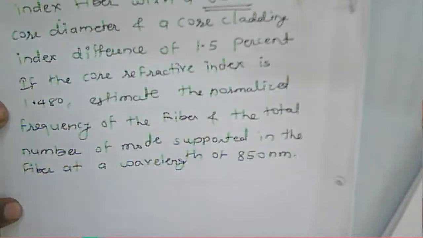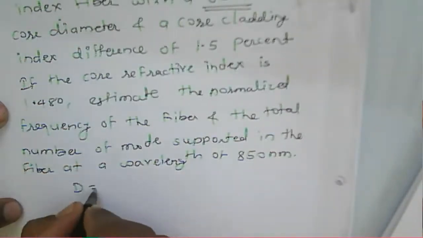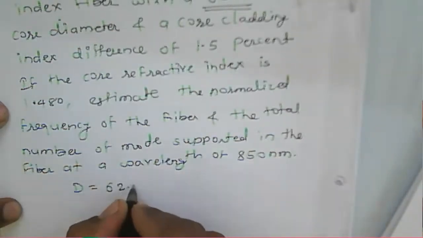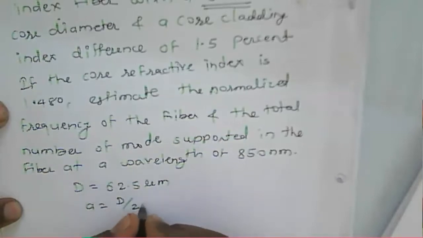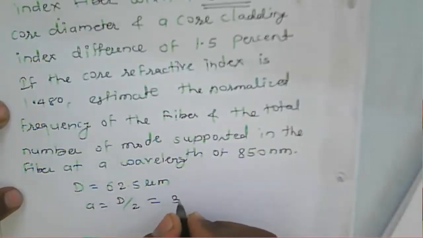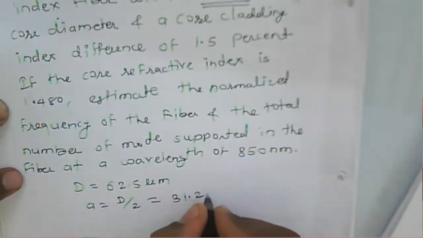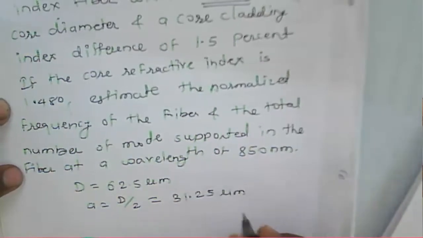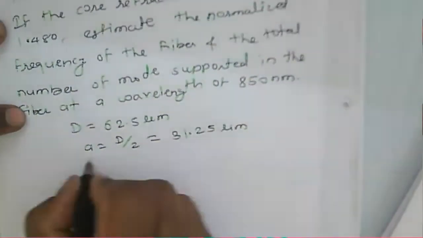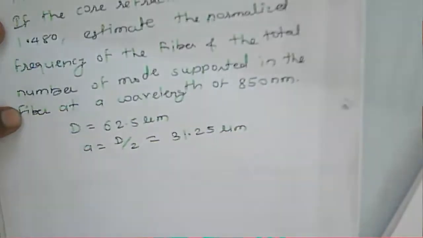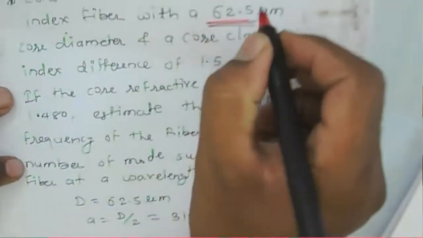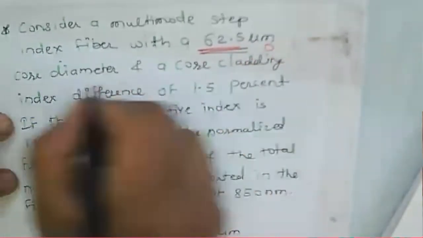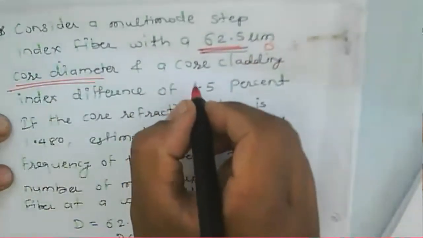Now the diameter is given for the particular fiber, but our aim is to find out the core radius a. A is equal to D by 2, that is 31.25 micrometer.